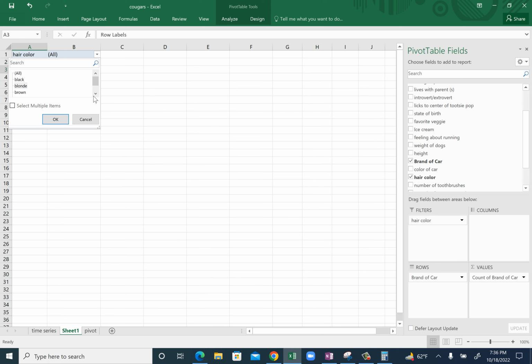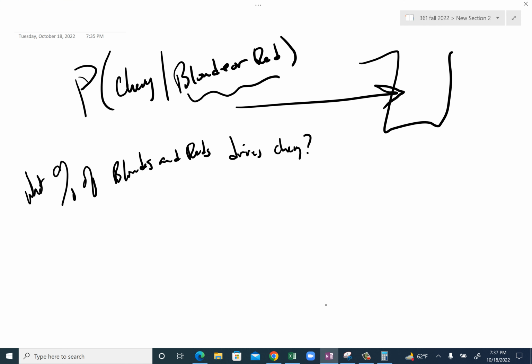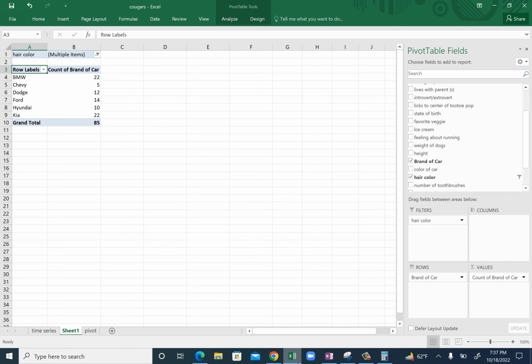You have to click on multiple items, then you can select blonde and red. There you go. Cool. So there are 85 blondes and redheads. That's my denominator. And how many of them drive Chevrolet? Turns out 5 of them do.